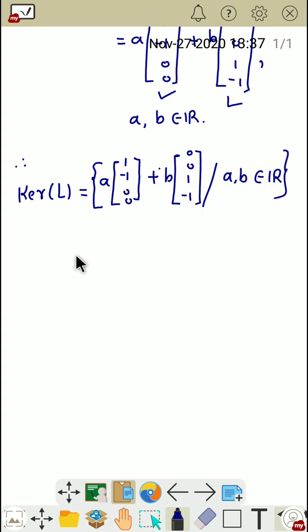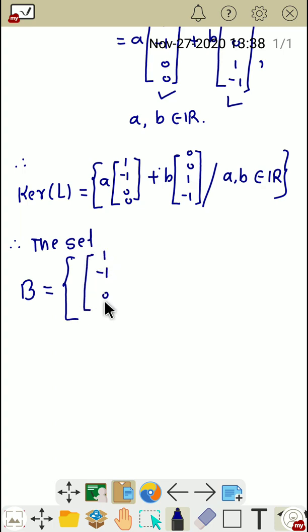Okay, so therefore the set B is equal to the set with two vectors, (1, -1, 0, 0) and (0, 0, 1, -1).